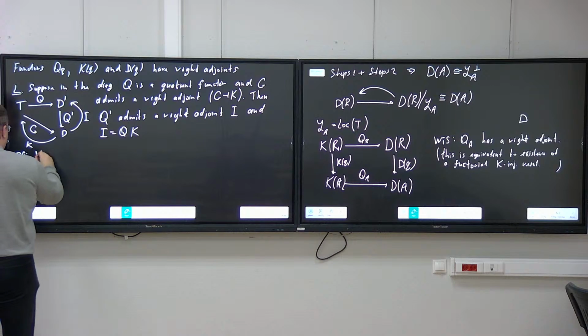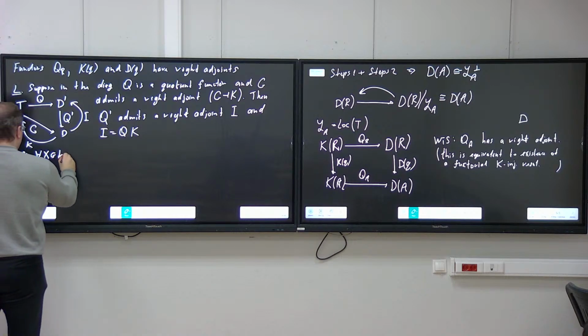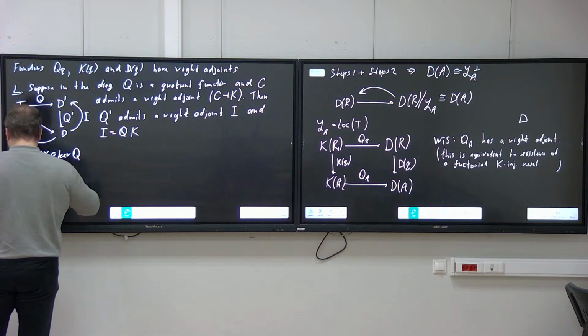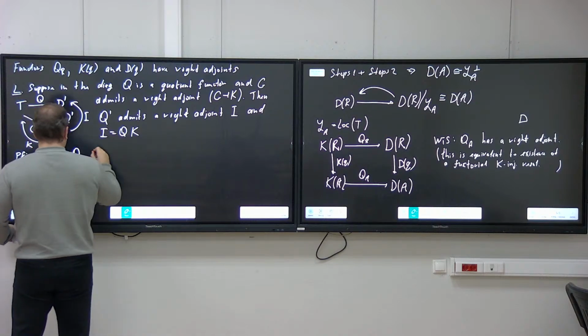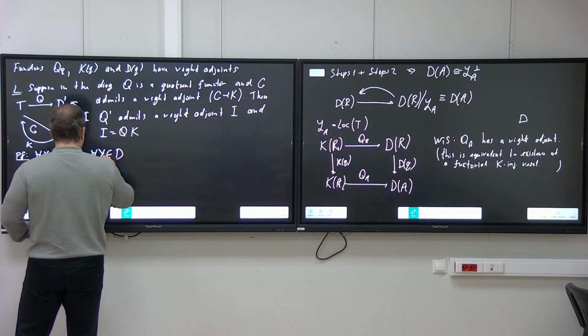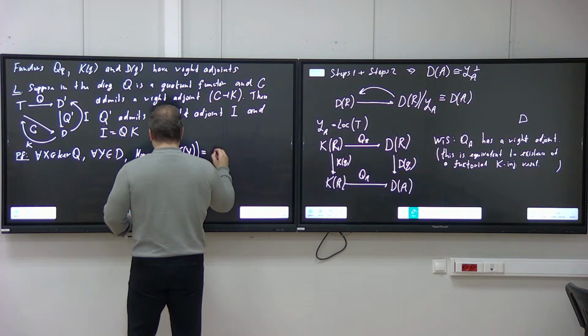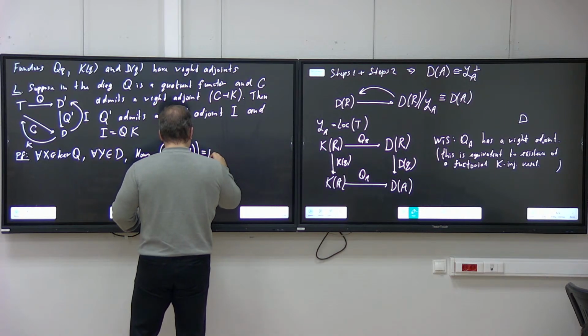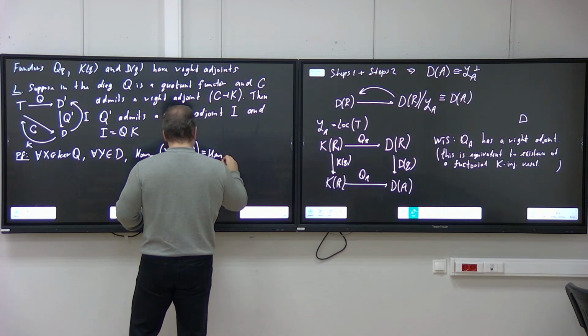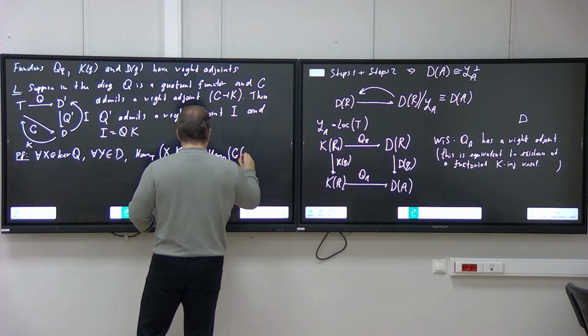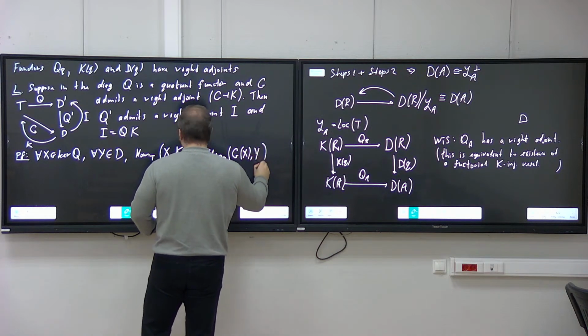Take any x which is in the kernel of Q and any y which is some object in D. I can use the adjunction and write this as the Hom in the category D from G of x to y.